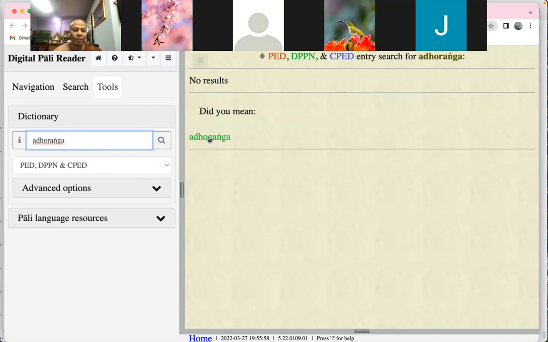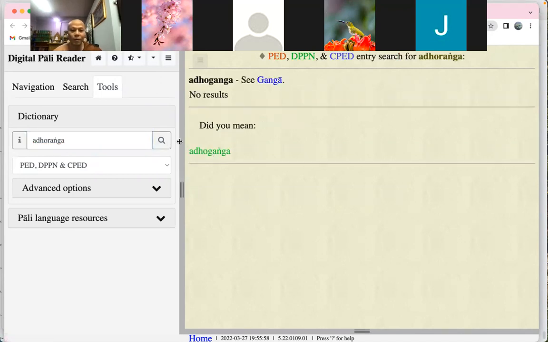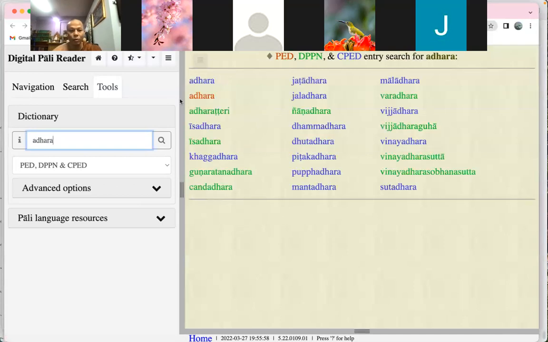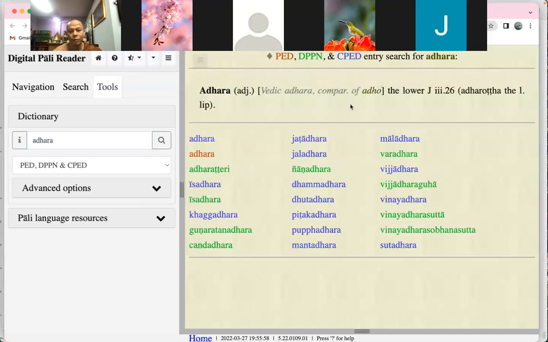No. Adoringa. This also we don't use. So adore or adra. Adra means lower. So you see the lower, but we don't use it. So adorata in this way.